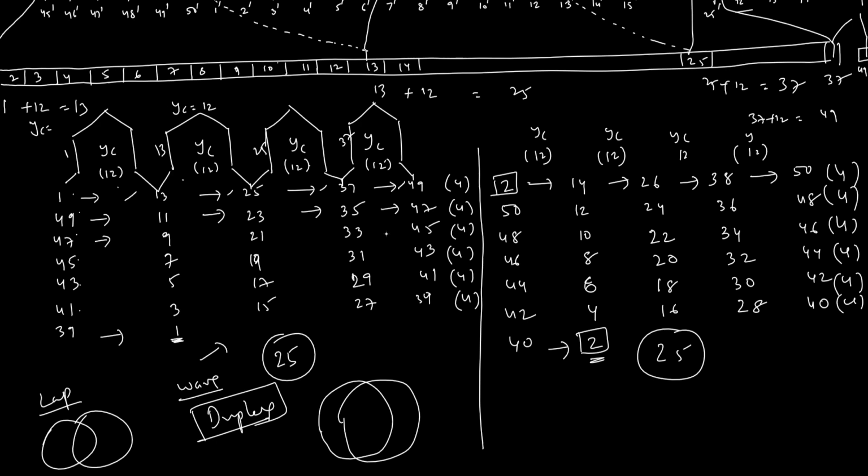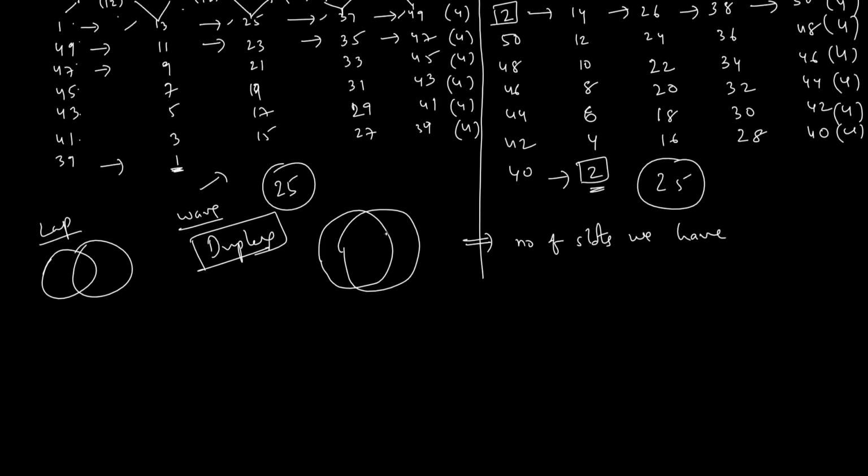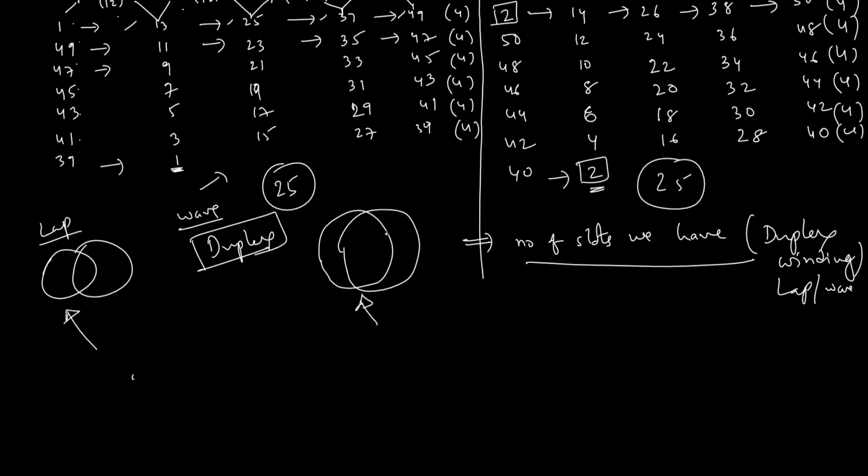Now one important point: depending upon the number of slots we have for a duplex winding, whether it is lap or wave, there may be a chance that it is not possible to draw two separate independent windings, but we can have only a single winding like this.